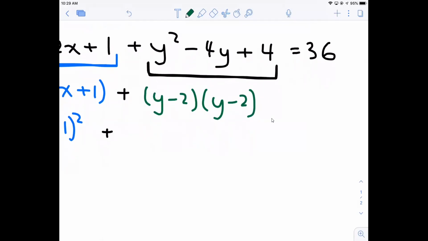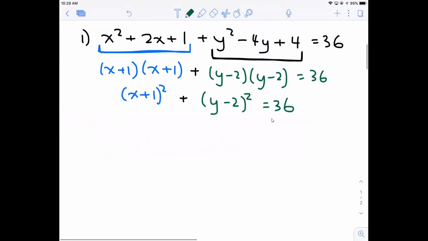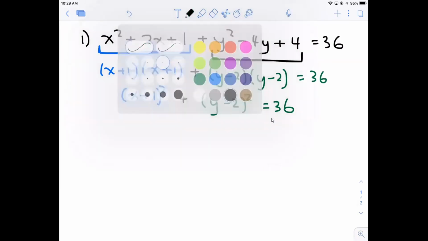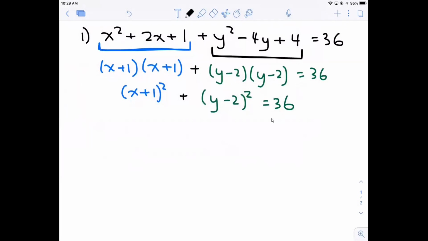Make sure you factor with the right signs. That factors to y minus 2 squared, and all of that is equal to 36. All we did is factor to go from there to there, and now we have our equation in center radius form.